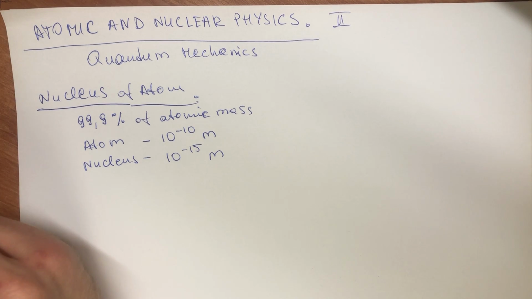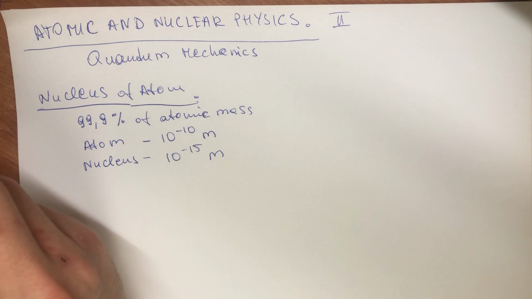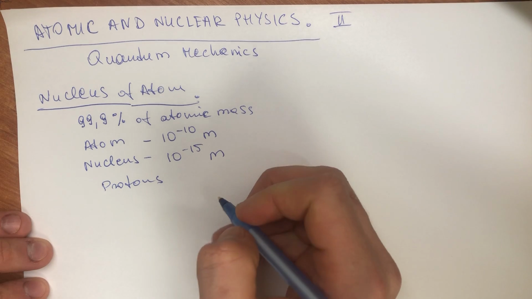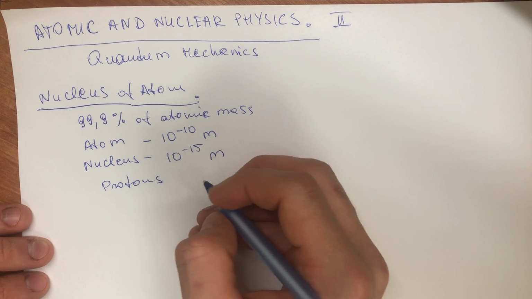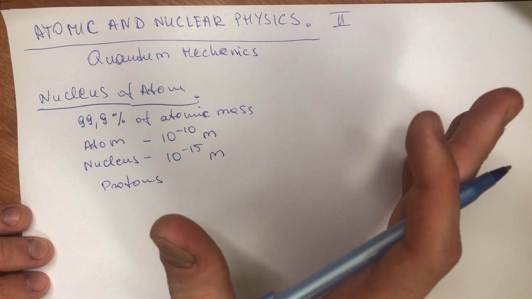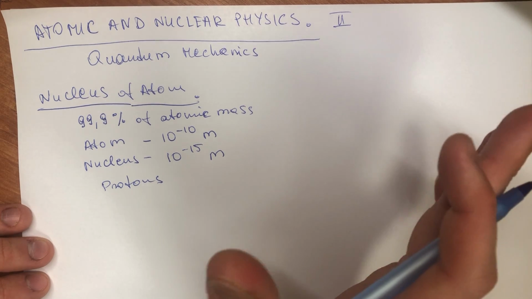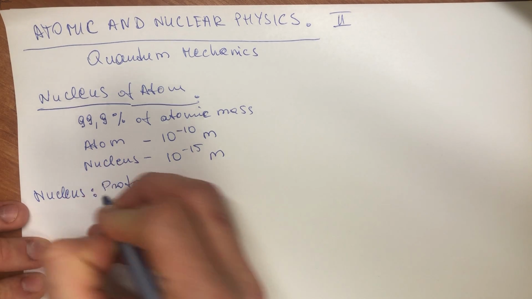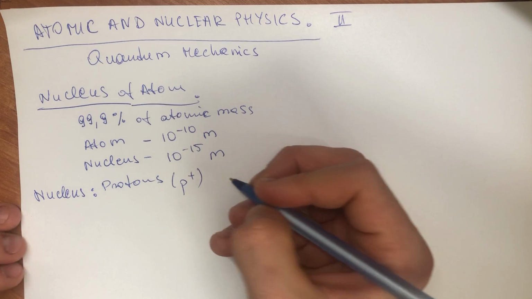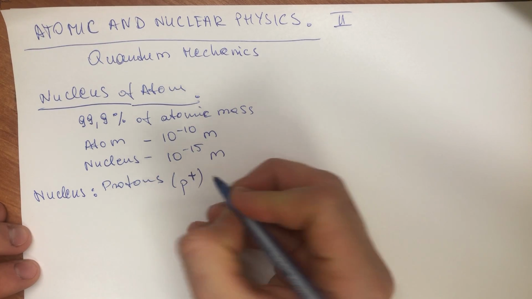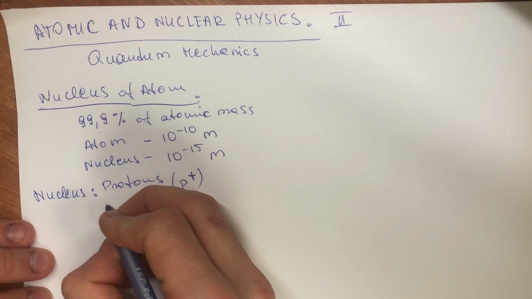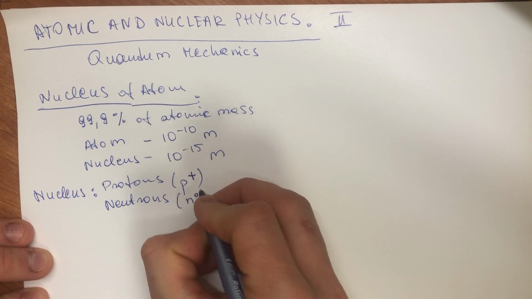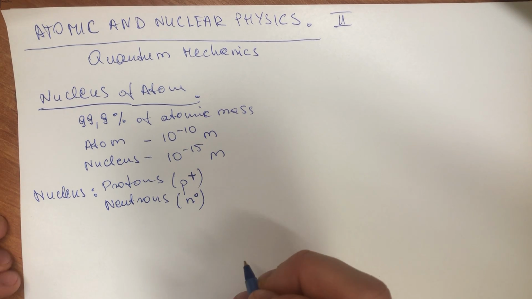And there are three particles in the atom, two of which are nuclear particles. In the nucleus, protons have a positive charge, and the abbreviation is P+, and neutrons have no charge, so we have the abbreviation N and 0.